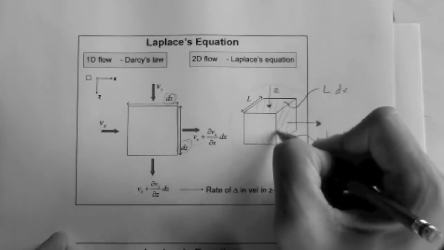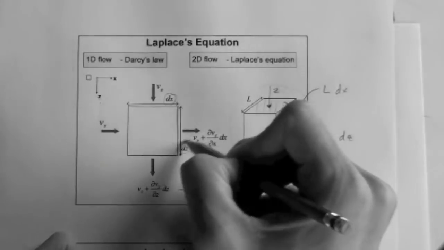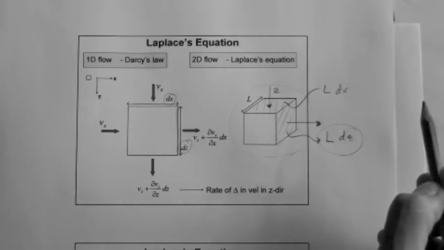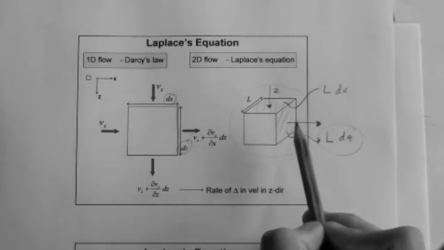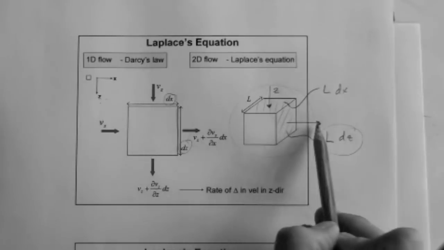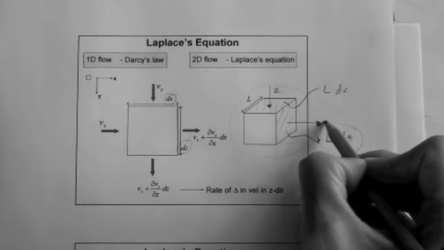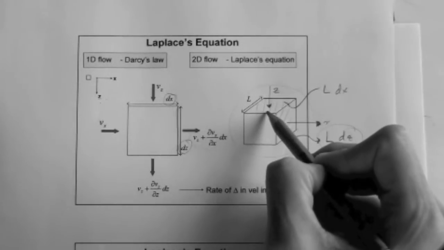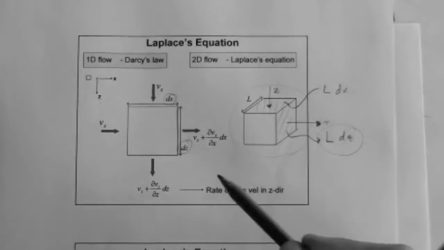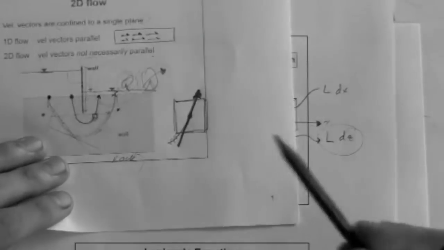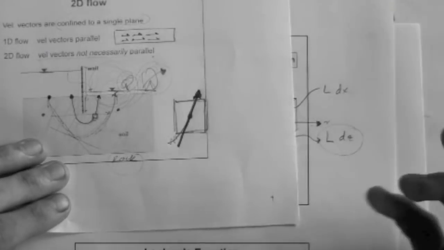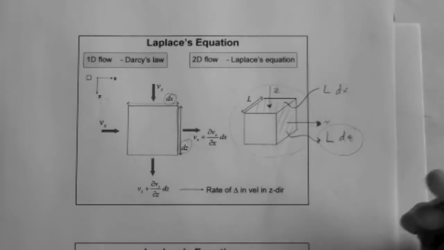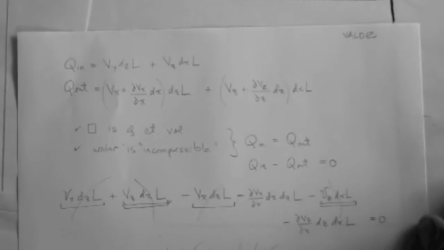So this is a cross-sectional area of flow for the fluid component that flows in the x direction, and this is the cross-sectional area of flow for the fluid component that flows in the z direction. Remember that we are using components to describe the vector, just like you would use for any other engineering or physics problem.